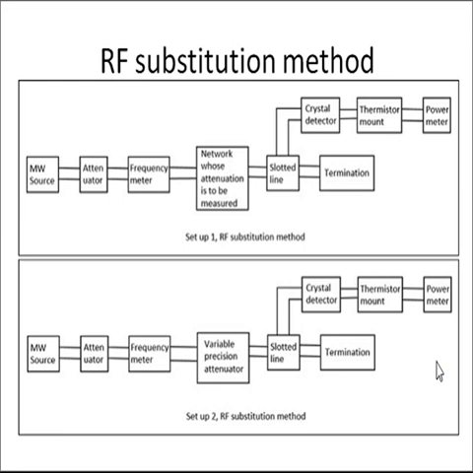Then the power meter in setup 2 also has to show 10 milliwatts. So we vary the controlling knob on the attenuator until the power meter shows the same reading, that is 10 milliwatts. Then the value at the controlling knob will be indicated.